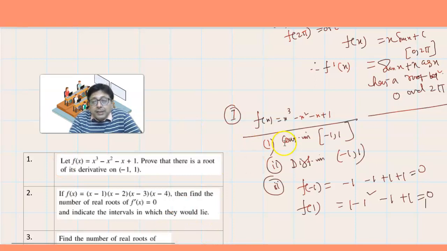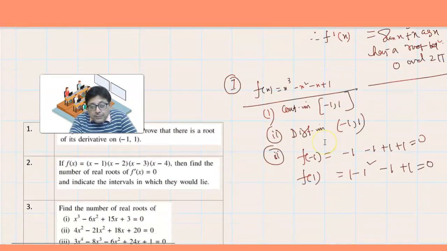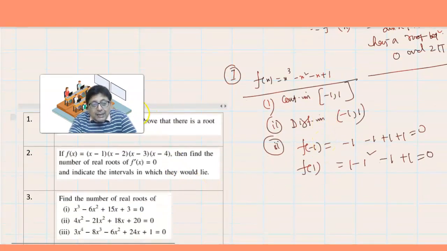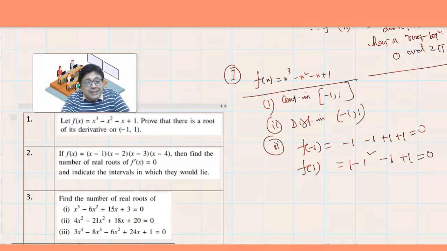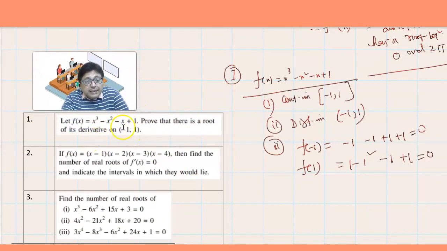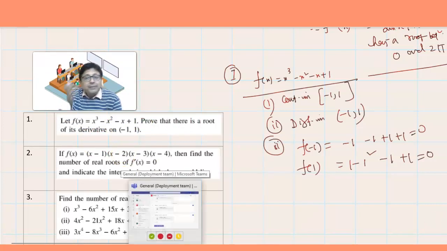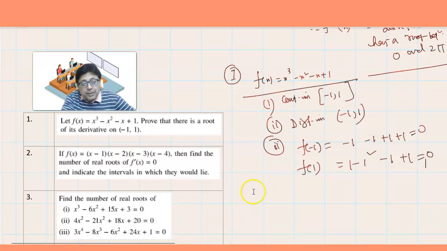So all three conditions of Rolle's theorem are satisfied on this polynomial. And the question was to check whether the derivative of this equation has a root between minus 1 and 1 or not. You tell me whether you have got the answer or not. Because they are talking about the derivative. So we have proved f(x) continuous, shown f(x) differentiable, and we have one additional thing, that is f of minus 1 equal to f(1).